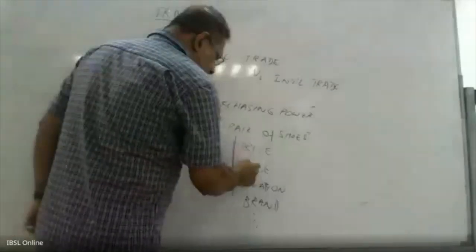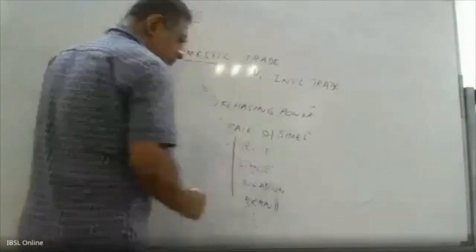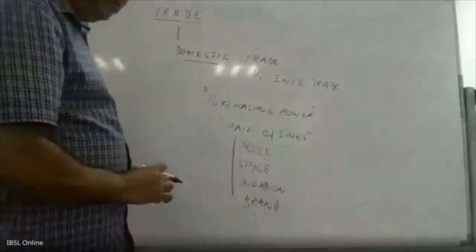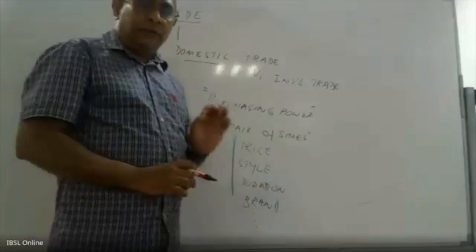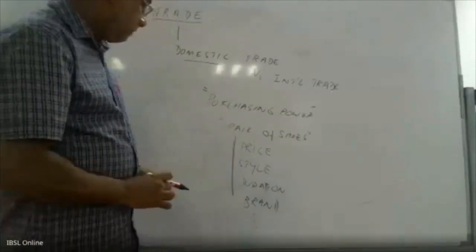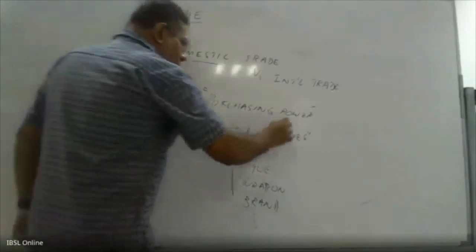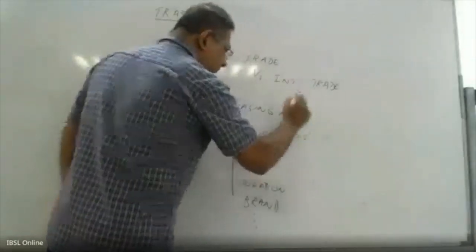If everything I have decided on is not fulfilled by the shop vendor, there's no compulsion for me to buy the pair of shoes, even if it fits properly. What I do is I go to the next shop.